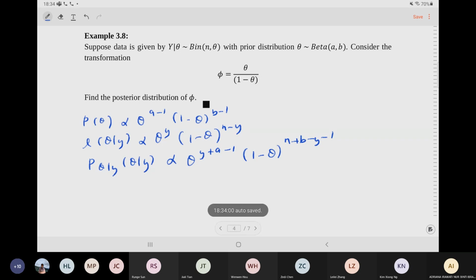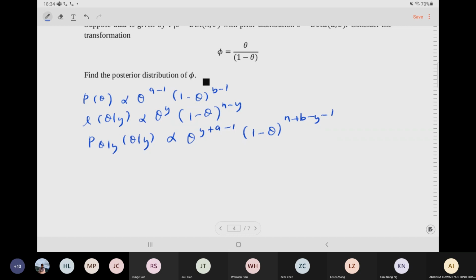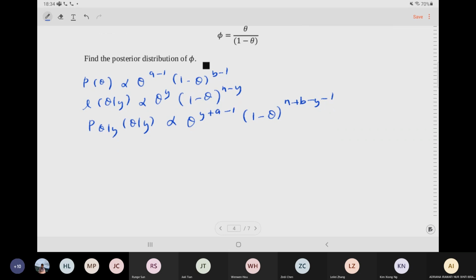One thing: because we are looking at the distribution, we can also use proportionality when doing the transformation. For example, if you want to find the prior, this is just the kernel of the prior; you can also write the full PDF, but using just the kernel is also okay, because the transformation involves theta, so it doesn't involve the constants.